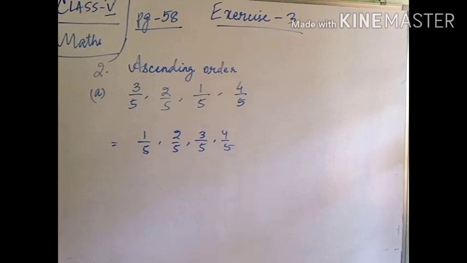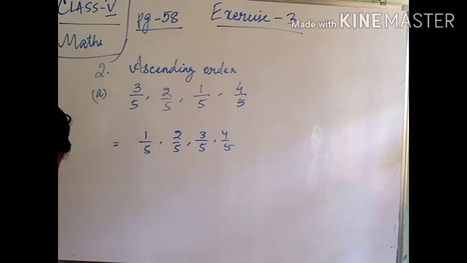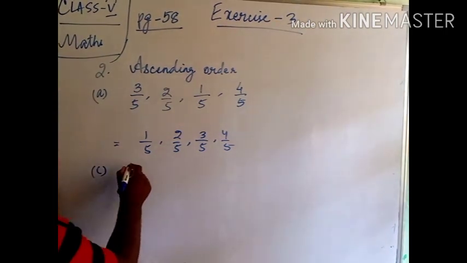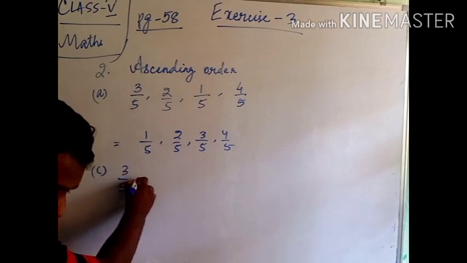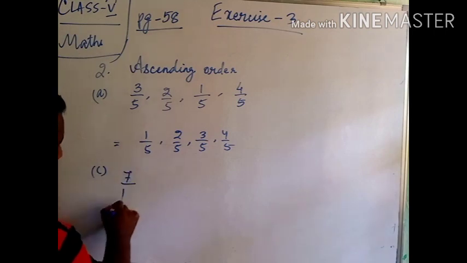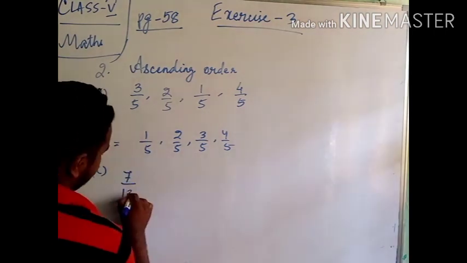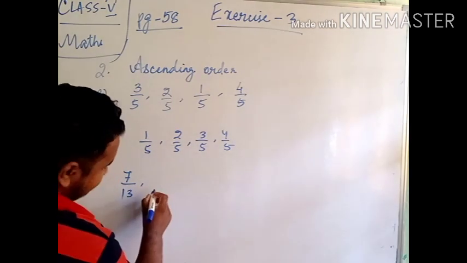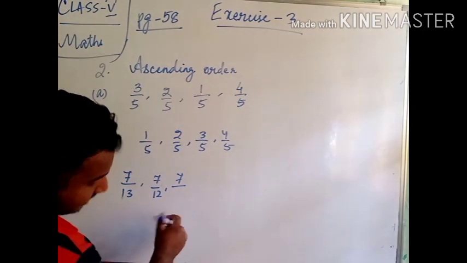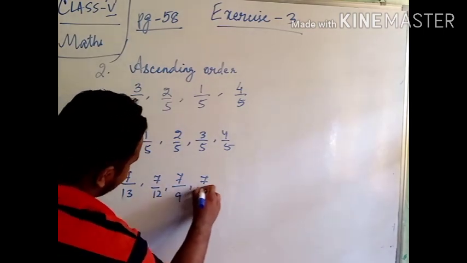Okay, in case they are not all the same, look at question number C. C and D questions are the same. So I am telling the C number question. Look at question number C: 3 by 5, 7 by 13, 7 by 12, 7 by 9, and 7 by 11.